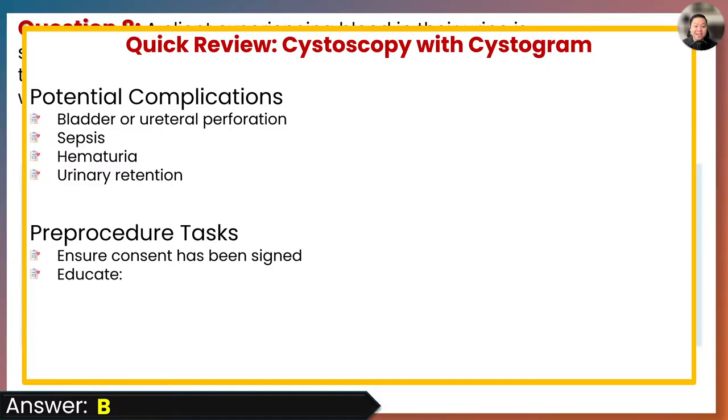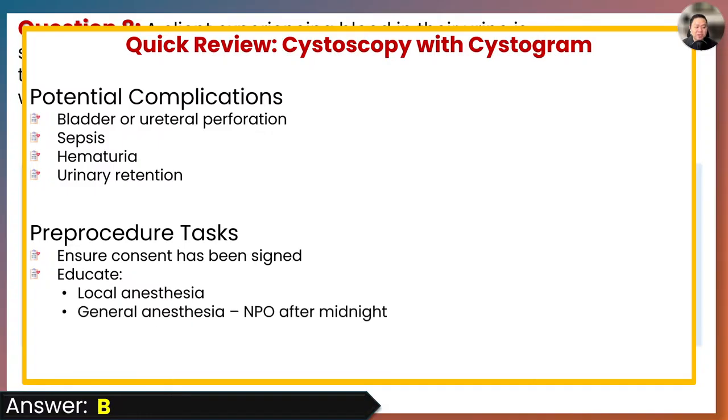Now, we also need to educate the client about the anesthesia that is supposed to be used. Local anesthesia can also cause some possible discomfort, which is greater than with catheterization. And in case the client will require general anesthesia, the patient will be placed NPO after midnight.